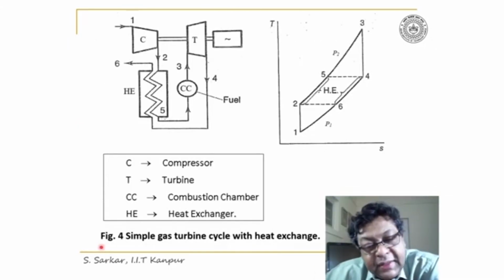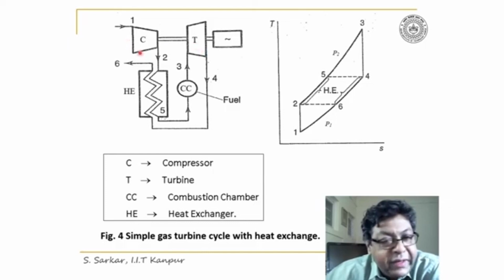A simple gas turbine cycle with a heat exchanger has been illustrated in figure 4. It constitutes a compressor, turbine, and a generator as before.